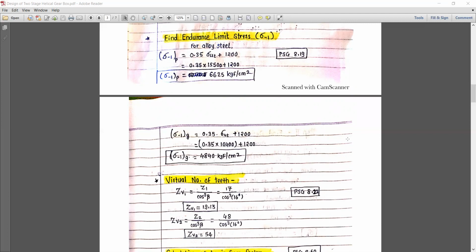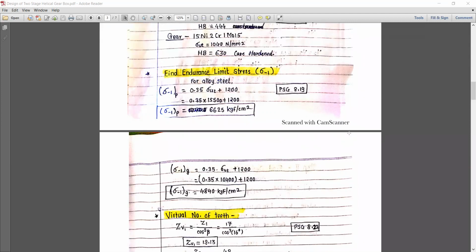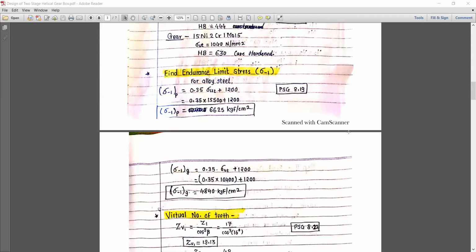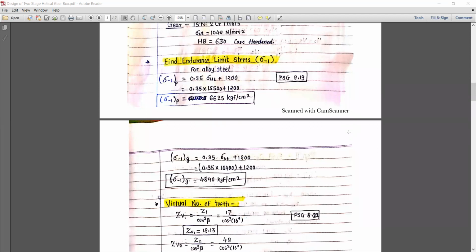The value of sigma ut is 1550 Newton per mm square, which converted to kg per cm square will be 15,500. Put that value here. What do we get? The endurance limit for the pinion is 6625 kg per cm square.